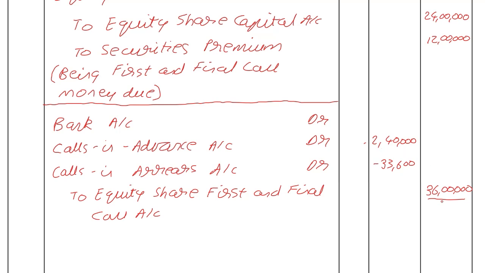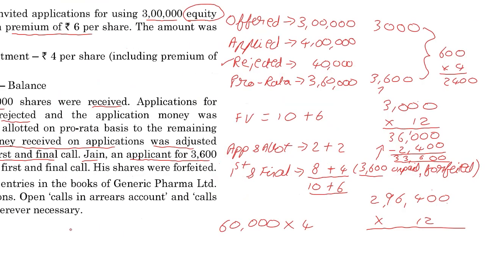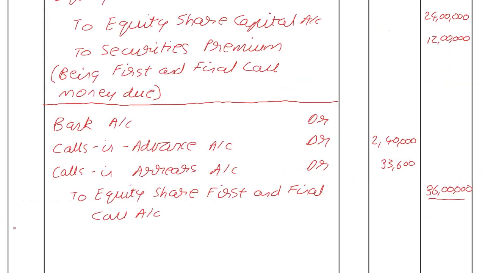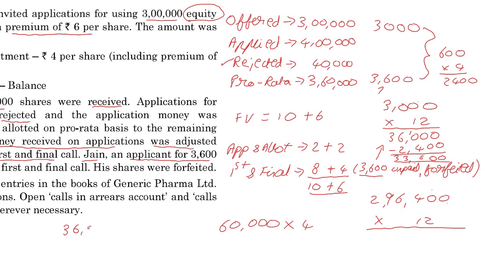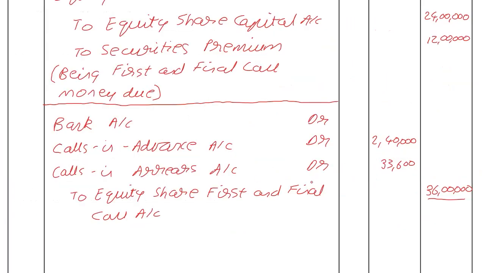So if you take 36 lakhs and subtract 33,600 and 2,40,000, I request you to do it. Let me check the number again. It is 36 lakhs minus the total of these two, which is 2 lakh 73,600.